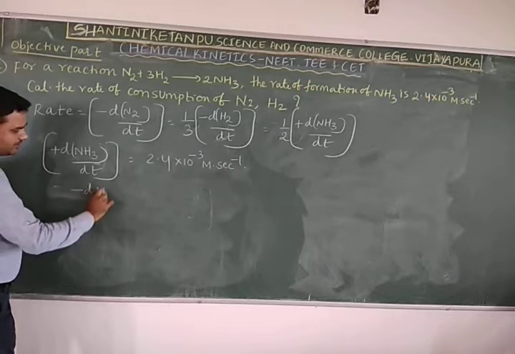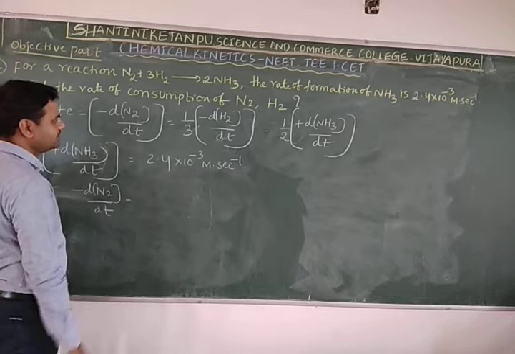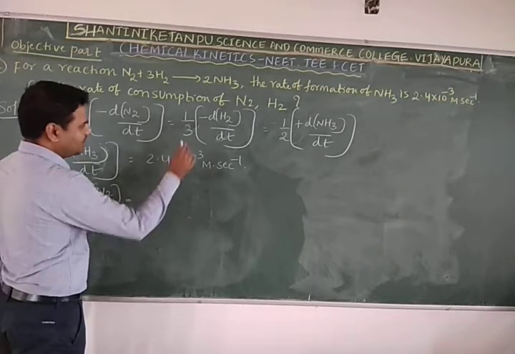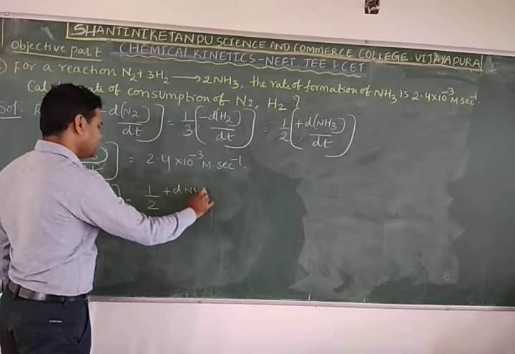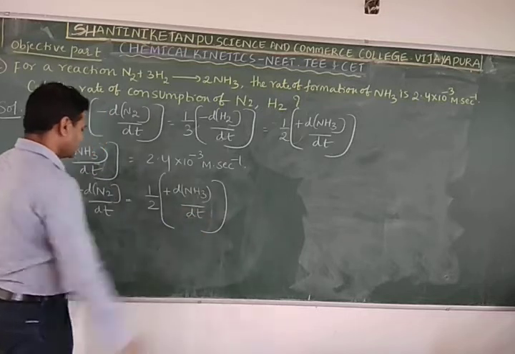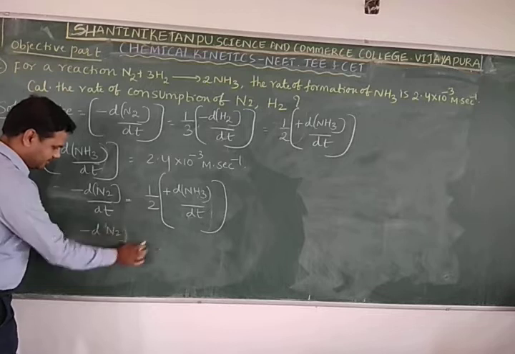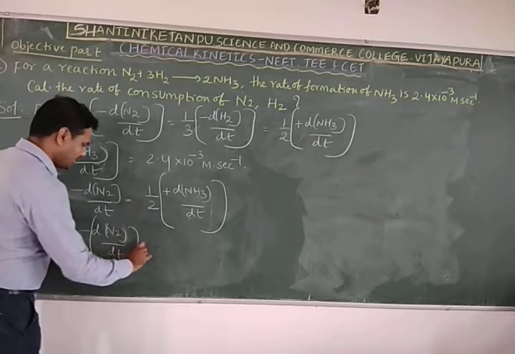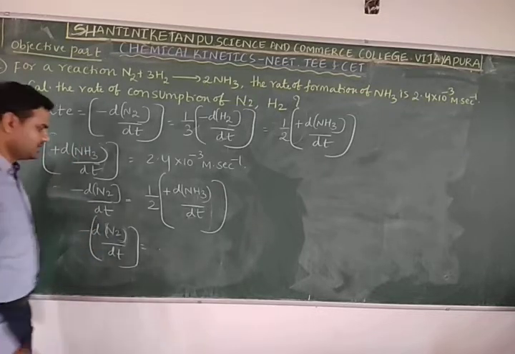Therefore, minus dN2 by dt is equal to 1 by 2 plus dNH3 by dt. Minus dN2 by dt means rate of consumption of nitrogen.